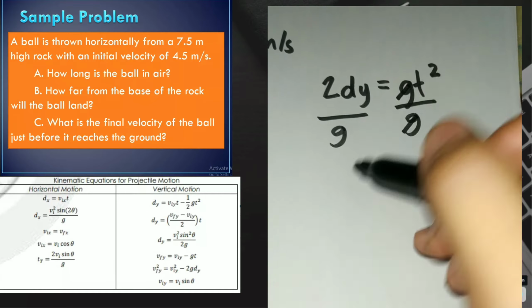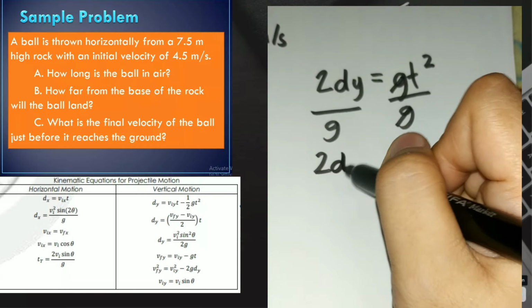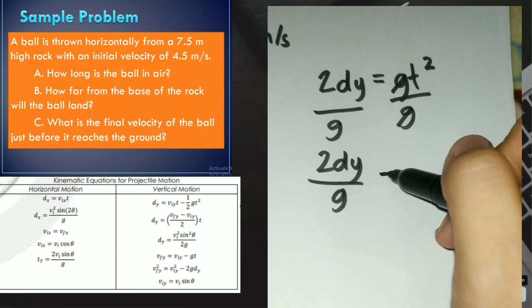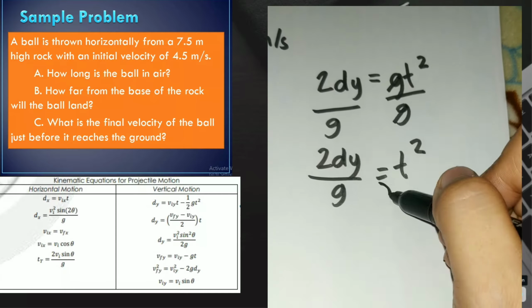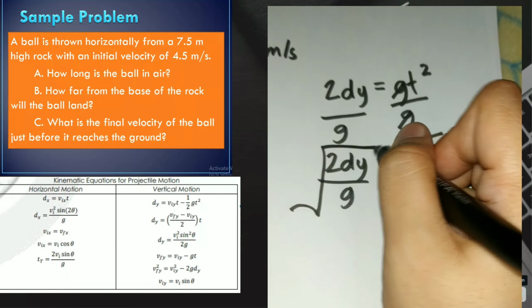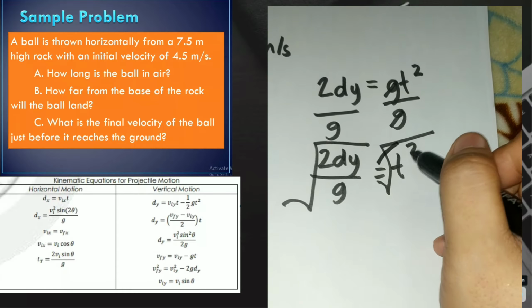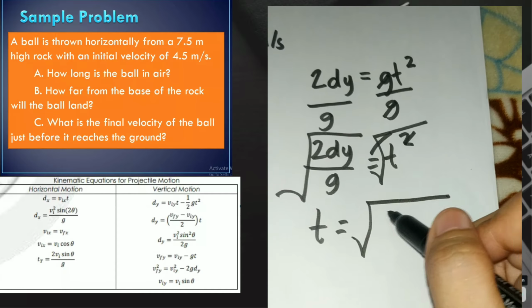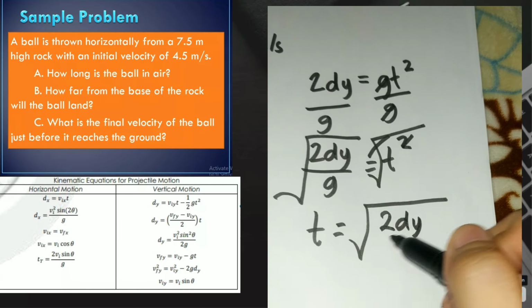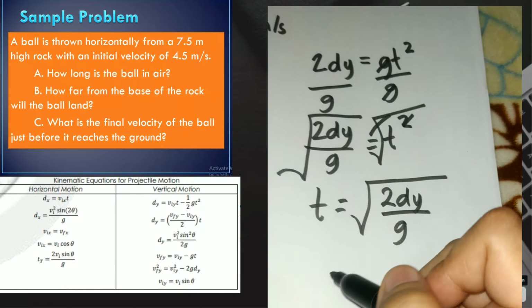So cancel, that will give you 2 dy over g is equivalent to time squared. Then square root both sides, and you can now rearrange. Time is equivalent to square root of 2 times dy divided by g.